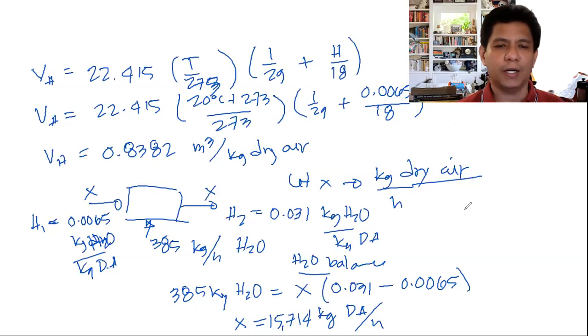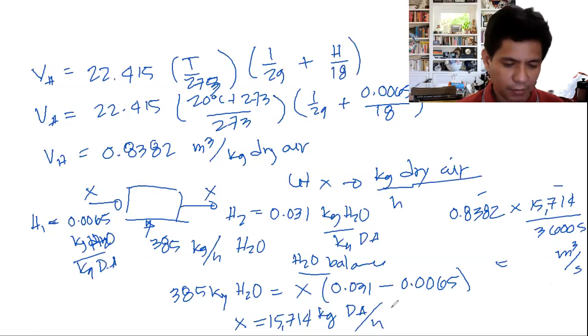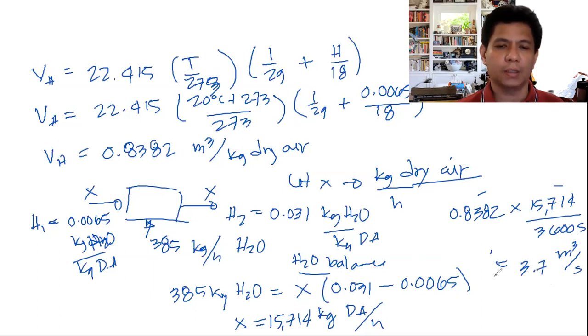So finally, our answer would be 0.8382 times 15,714, and then divided by 3,600 seconds. So the final, I hope you can follow, try to cancel out the units so that the units will be meter cube per second. So the final answer is around 3.7 cubic meter per second.